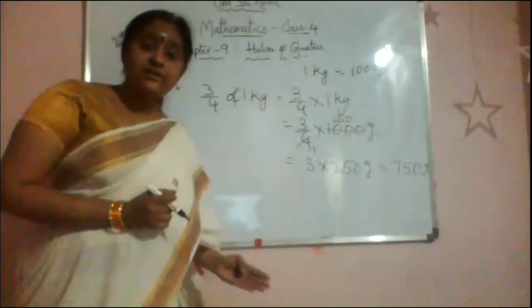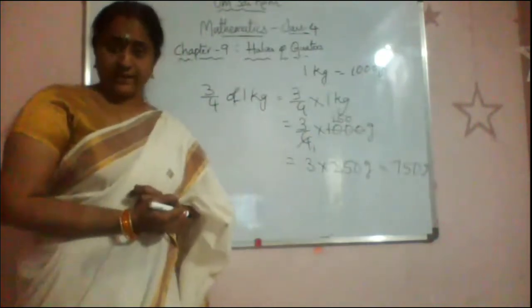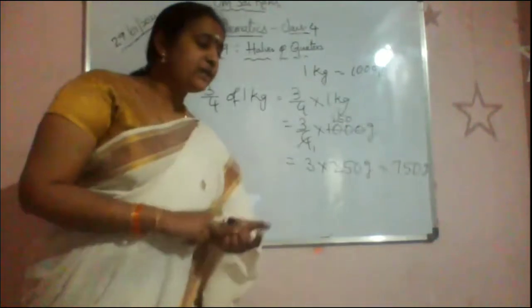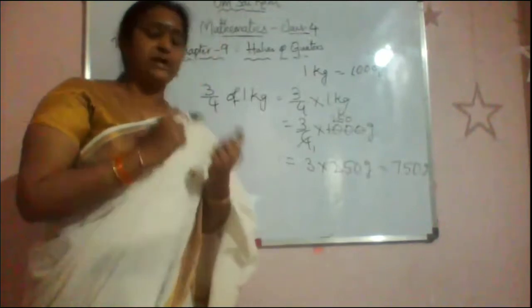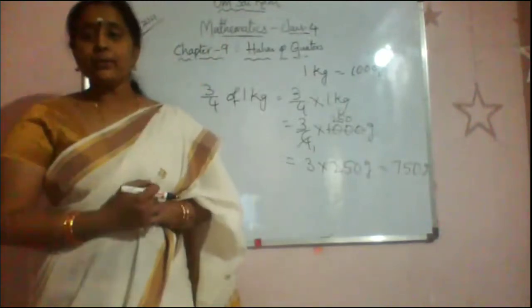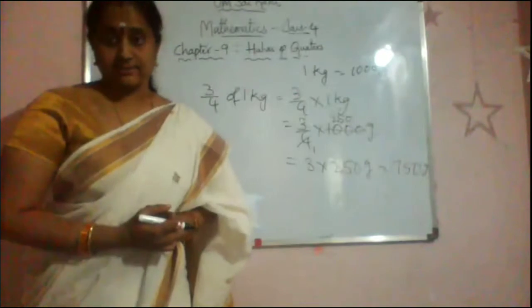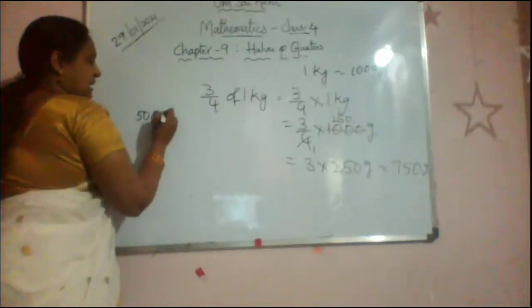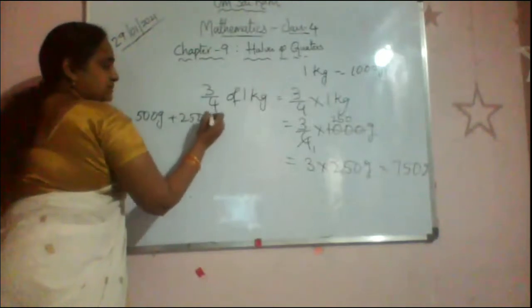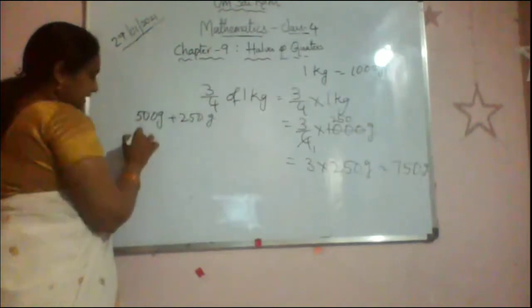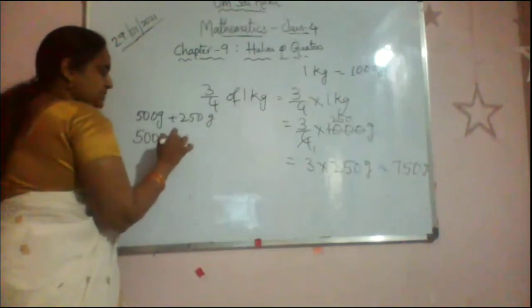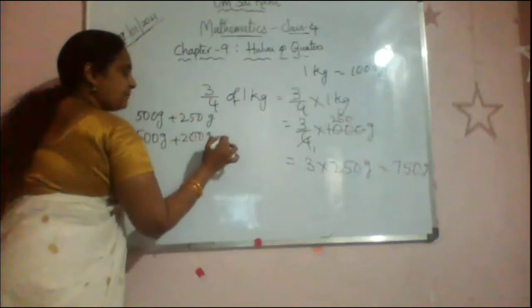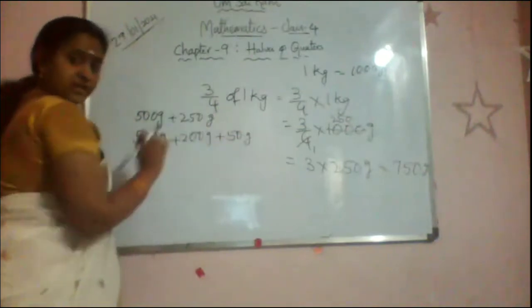So how many ways can we balance 750? Actually, we have 500, 500, 250, 250, 250, 250. So 750 we need to balance. In how many ways can you write it? 500 grams plus 250 grams, this is one way. Also 500 grams plus 250 grams, 200 grams plus 50 grams, this is also one way.